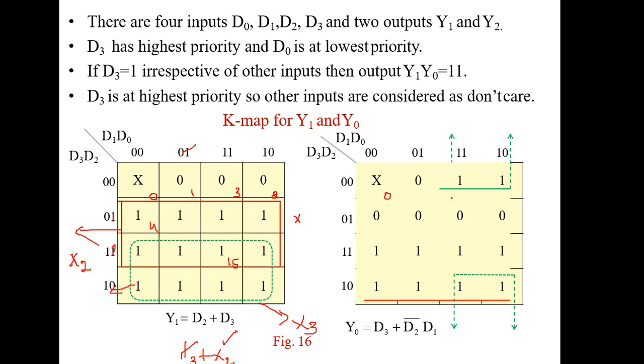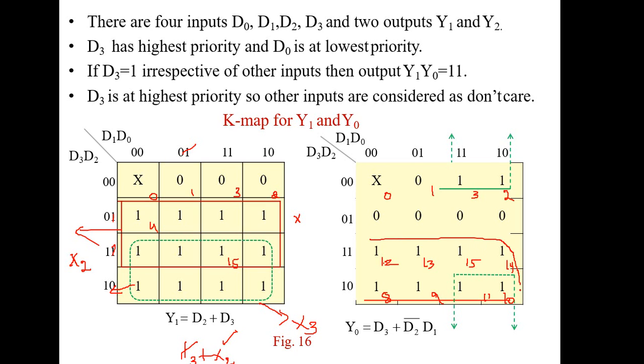Okay, this is 1, this is 2, and this is 3. So 2 and 3 I have taken as 1, and after that it starts from 8 here: 8, 9, 10 and 11, and 12, 13, 14, 15. Because of the last one, all are high. Okay, so how to do the grouping? One grouping we can do is all of this.